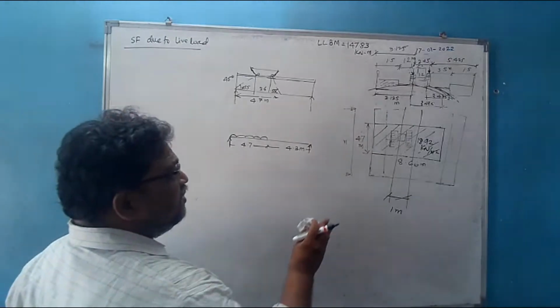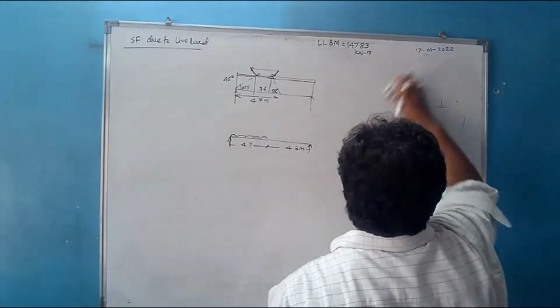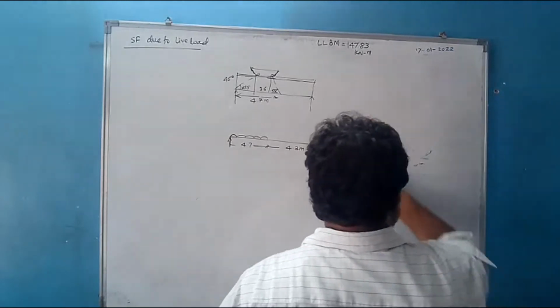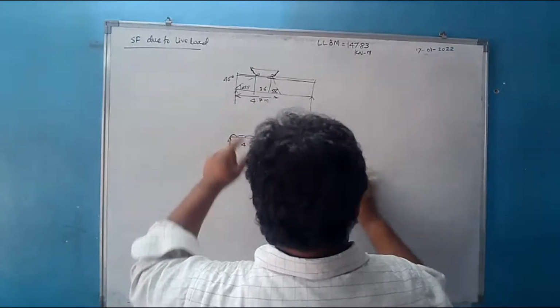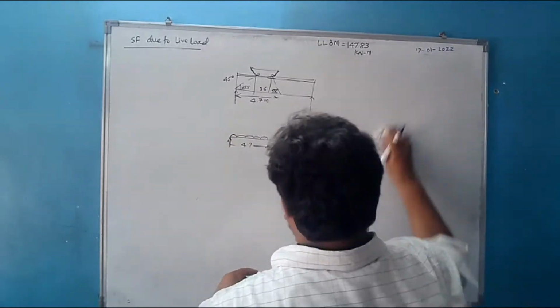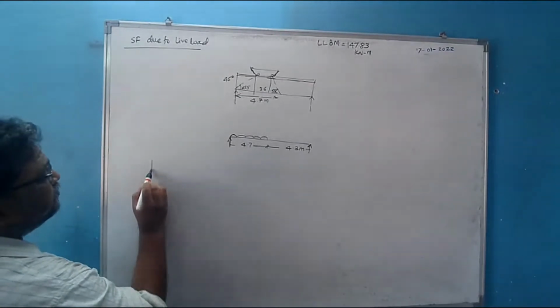Again the vehicle is to be placed near the support. The vehicle is to be placed near the support along the span, or across the span. How will it be across the span?